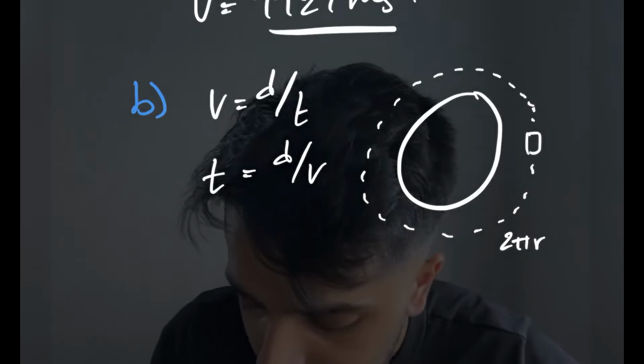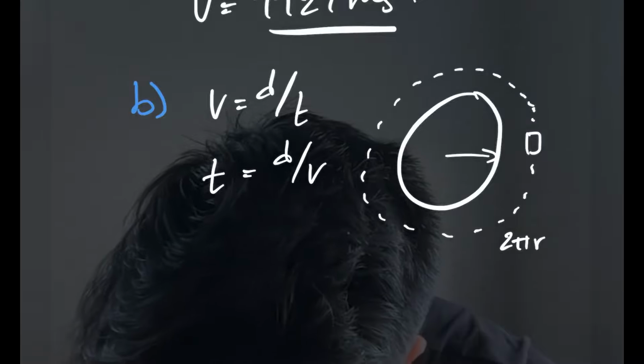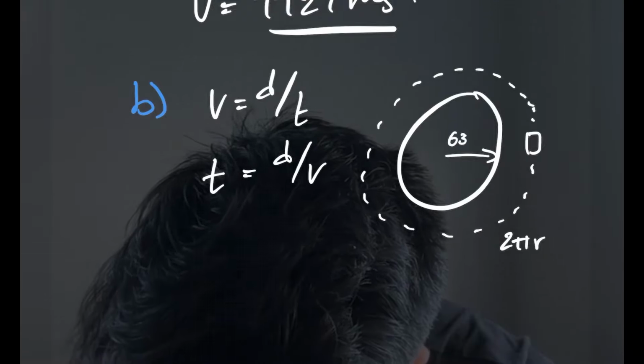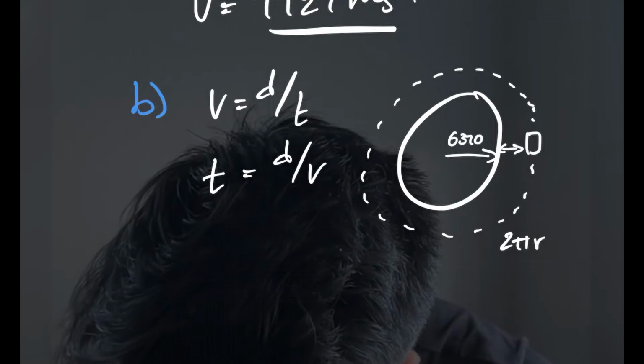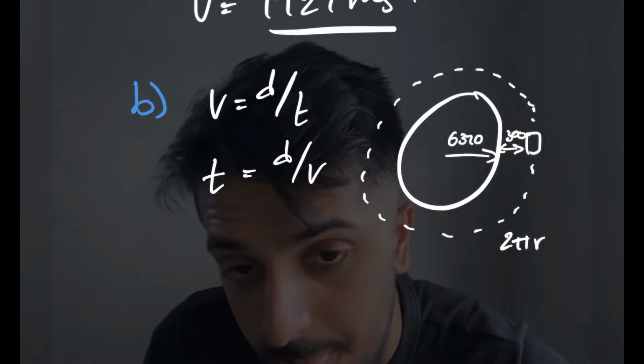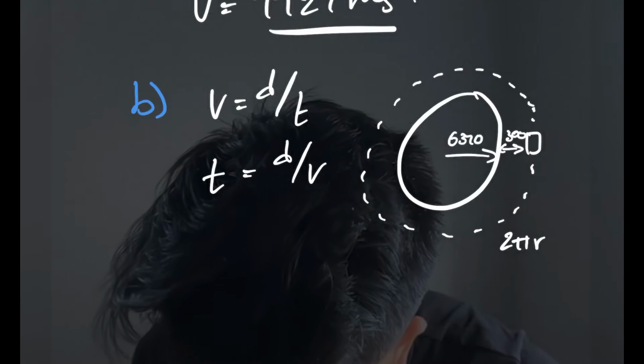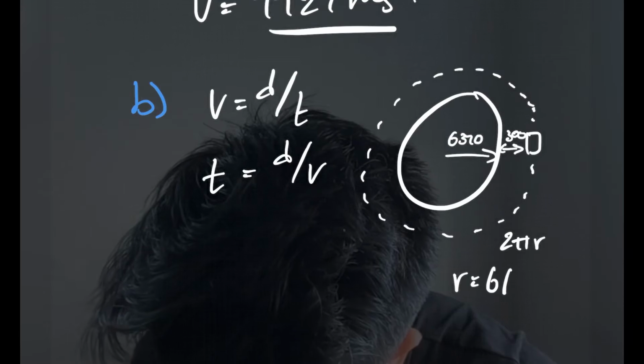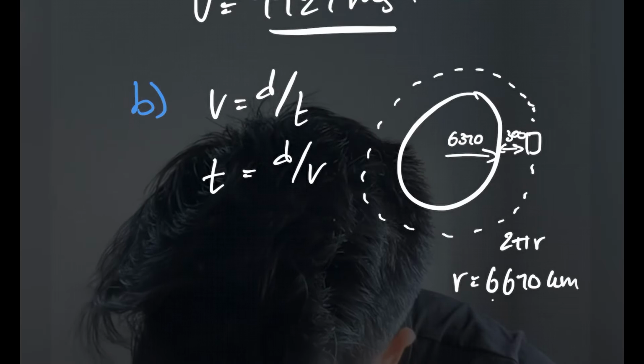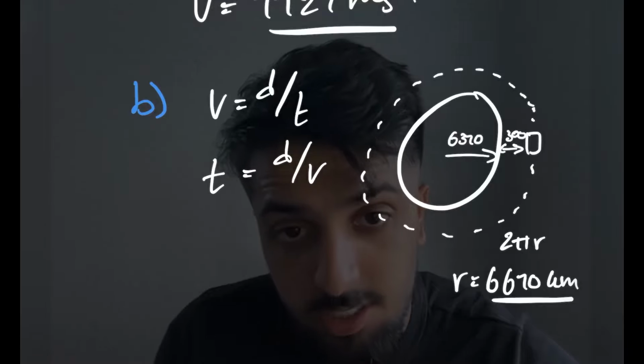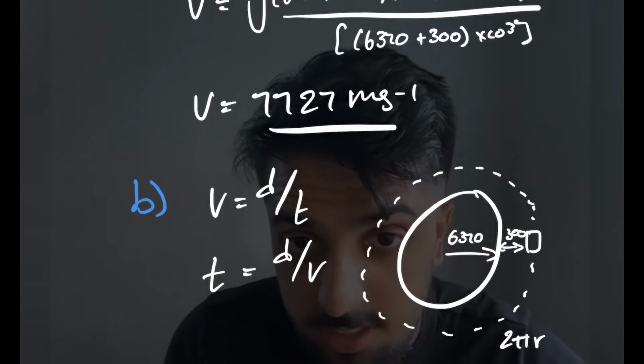The r in this case is our radius of the Earth, which we know is 6370, and this distance here is our 300 kilometers as well. So in total, that r is equal to 6670 kilometers. There we go. And the velocity traveled is the velocity that we found previously.